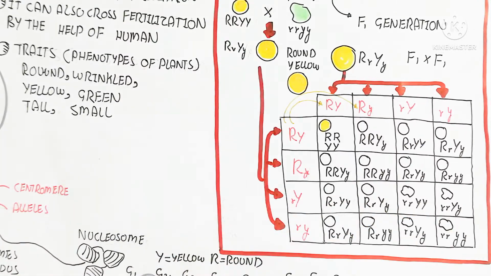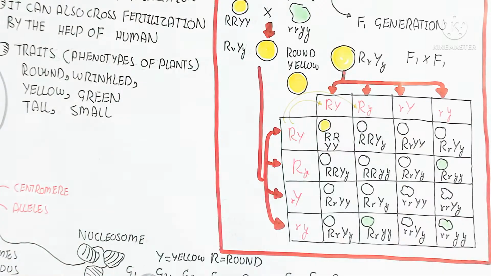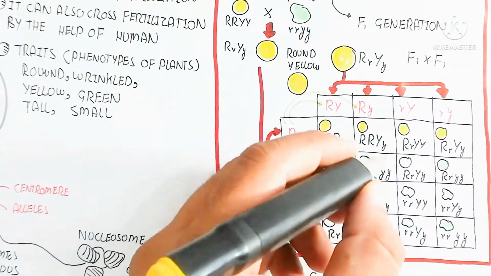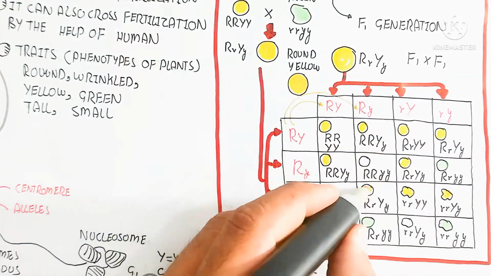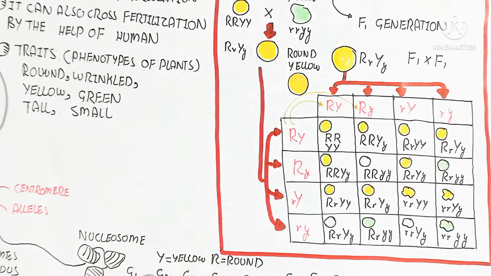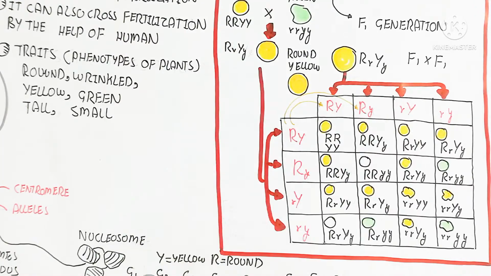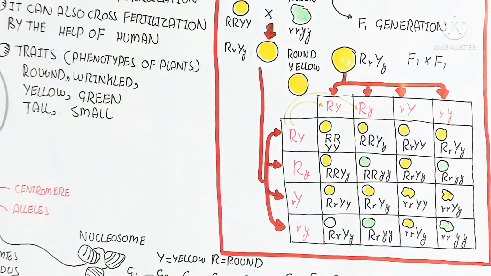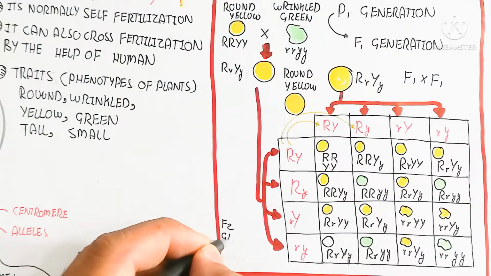So in this way the Punnett square shows there are different varieties, and their phenotypes will be different due to the genotype. So this will be segregation, and this color will also produce the green color due to dominance, and again the law of segregation and the law of independent assortment will apply.